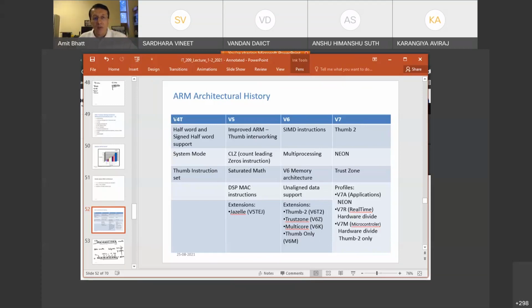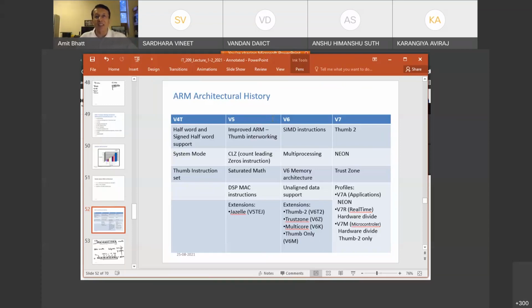So what I'm trying to say is that the progression in ARM architecture, starting from ARM version 4T, where T stands for thumb instruction, which I will come to later, was due to two things. First one, of course, was customer demand.